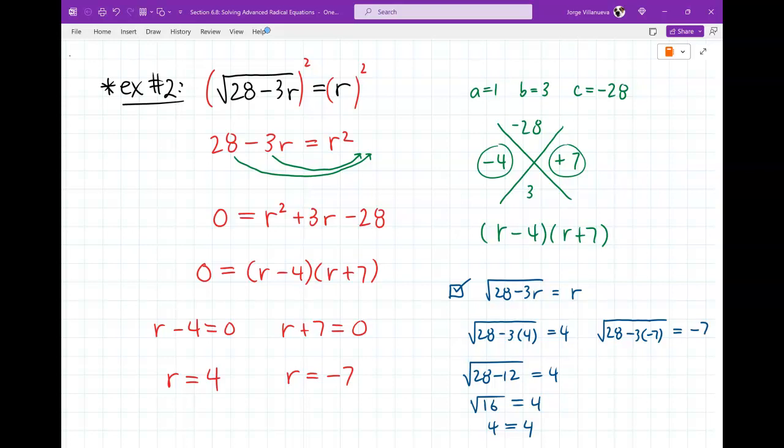Well, 28 plus 21 is supposed to be negative 7. 28 plus 21 is 49. So square root of 49 is negative 7. So 7 equals negative 7. That's not true. All right, so I only have one answer. r equals 4.